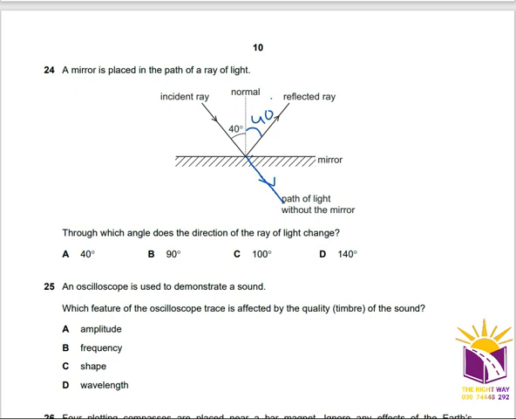If this is 40 degrees, then the remaining angle with the mirror is 50 degrees. And the same on this side, 50 degrees with the mirror. The ray has to travel to this side, but it travels to this side. So the angle through which the ray changes direction is 50 plus 50, which is 100.